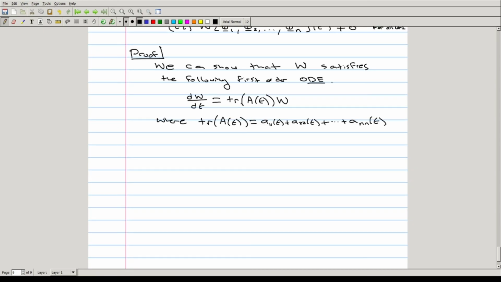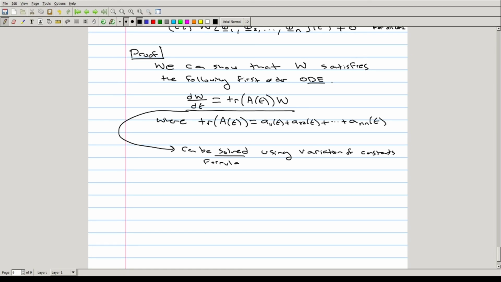And what's so nice about this is that this is a single first order ordinary differential equation that can be solved using the variation of constants formula that we talked about before for a single first order ODE.